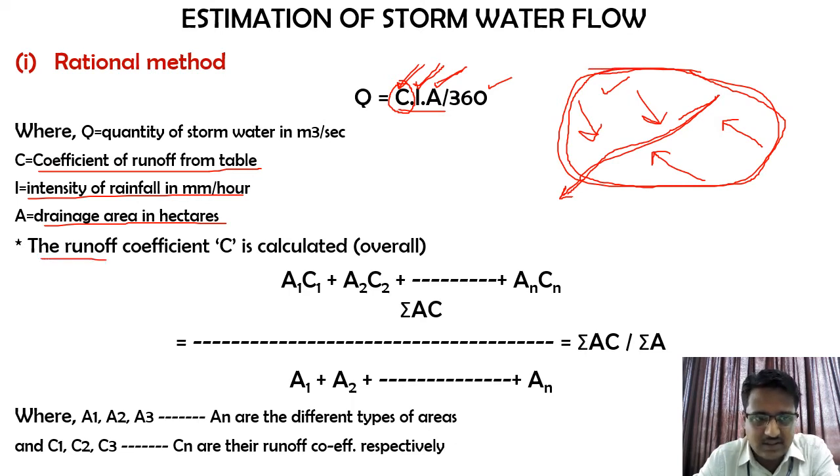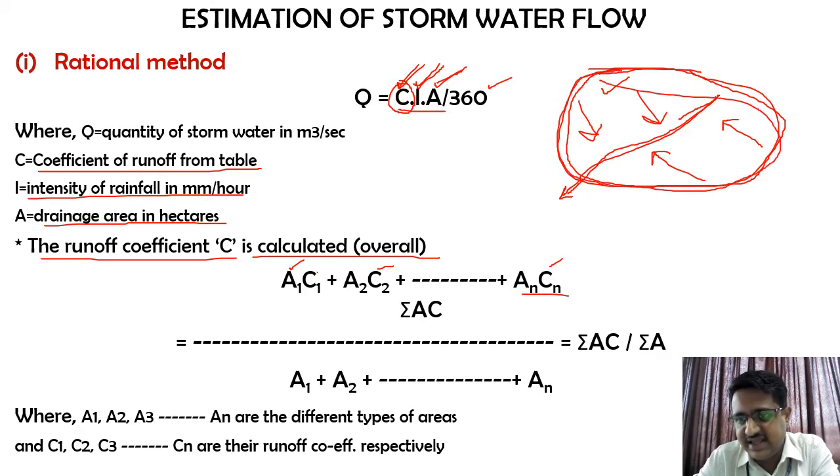Now the runoff coefficient C is calculated as A1C1 plus A2C2 and so on up to ANCN. Let me tell you why they have considered C1, C2, CN and so on. Whenever you practically consider any area, there might be buildings, open space playgrounds, farm fields, and roads passing through.